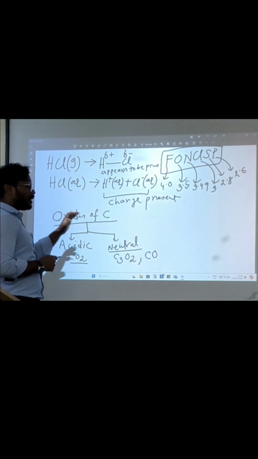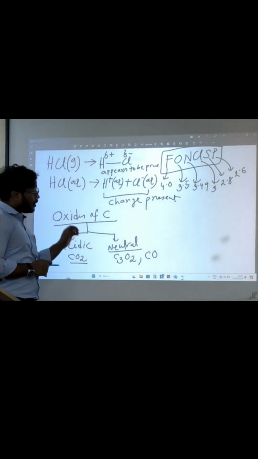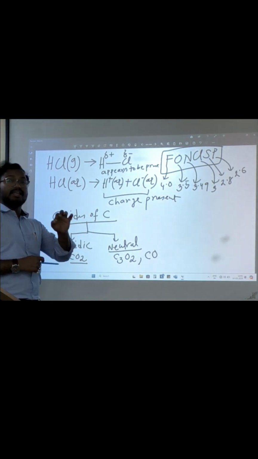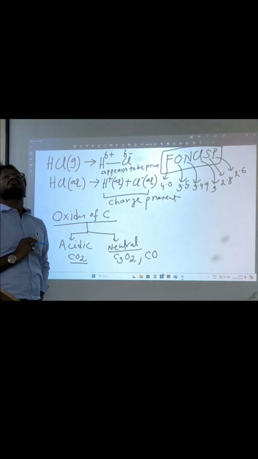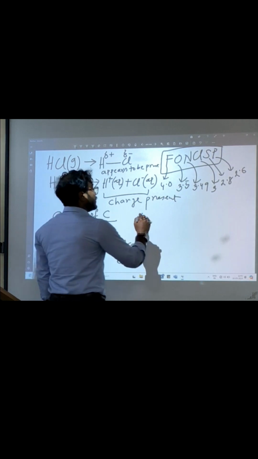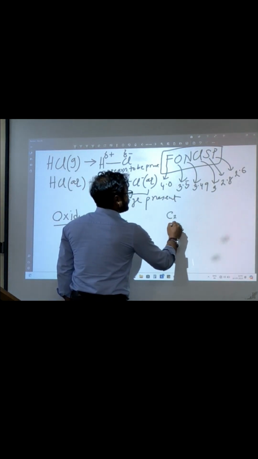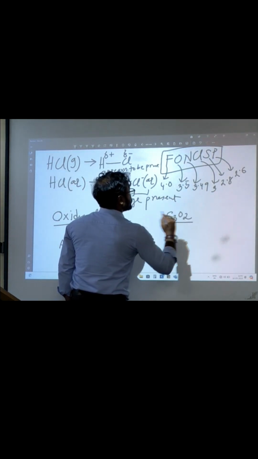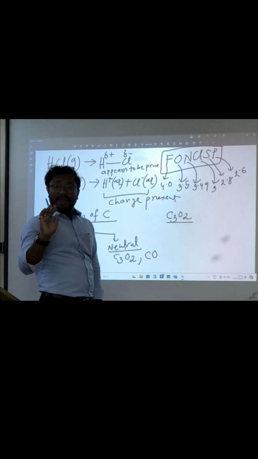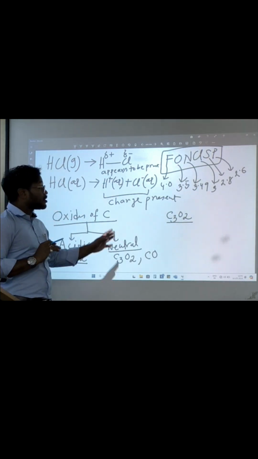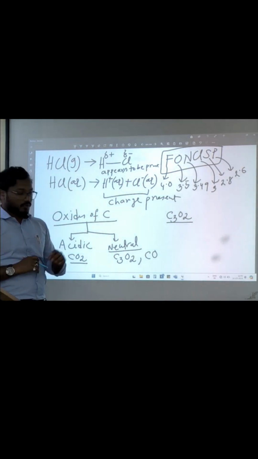It was asked, what is the oxidation state of the central atom of carbon in carbon suboxide? So how can we solve this? Let's find out. Let us take C3O2. There are a few basic rules for drawing any type of structure. What are the rules?